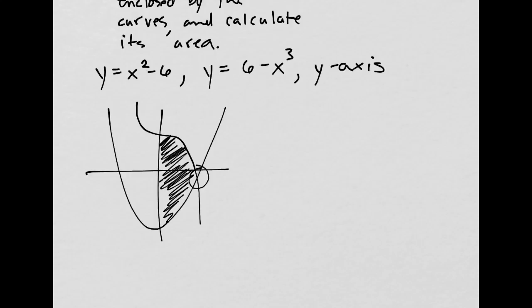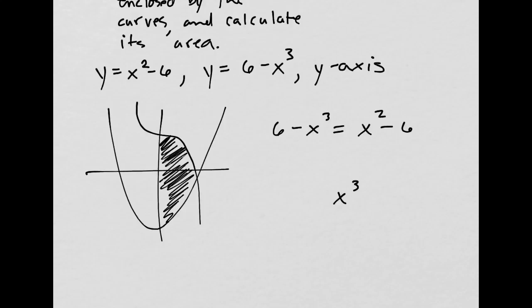I want to find this point. I already know that this would be x equals 0. So I have 6 minus x cubed equals x squared minus 6. I suppose I could get everything to one side. X cubed.